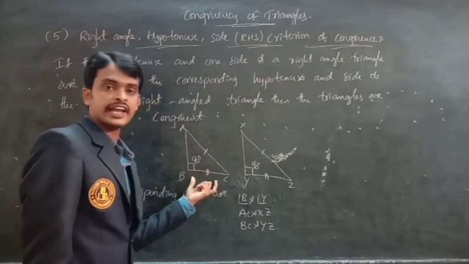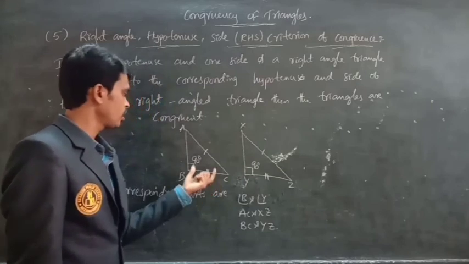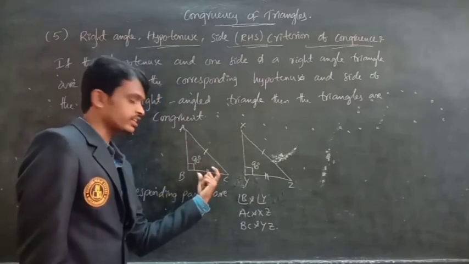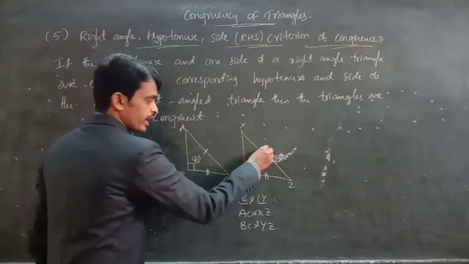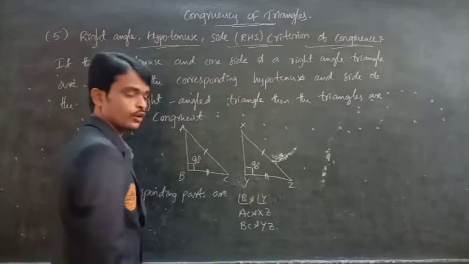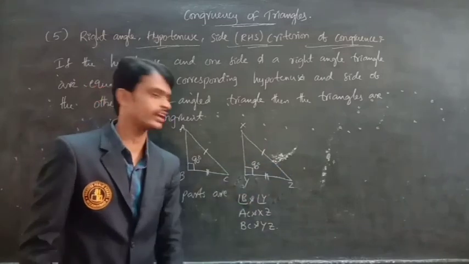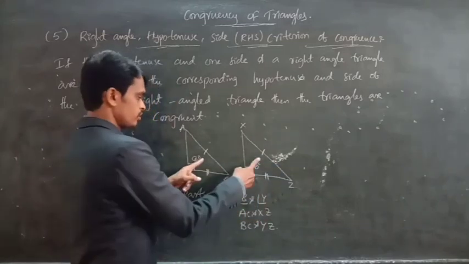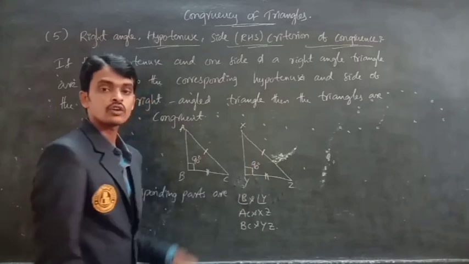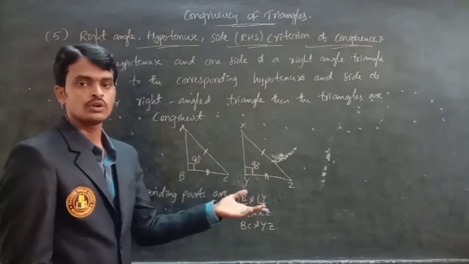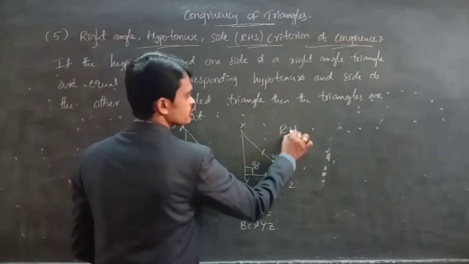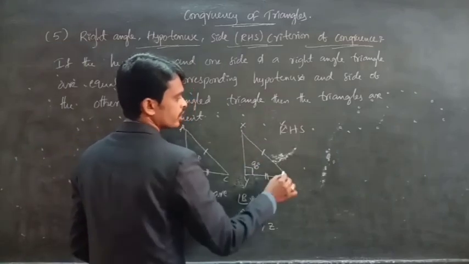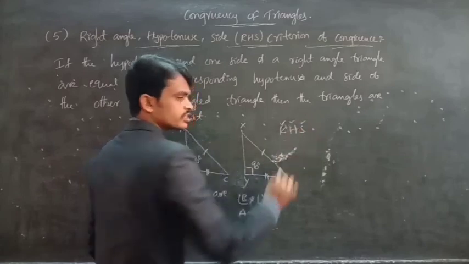In a right angle triangle, the hypotenuse and the other side are equal to the corresponding hypotenuse and other side of another right angle triangle, then the triangles are congruent to each other according to RHS, right angle hypotenuse side.